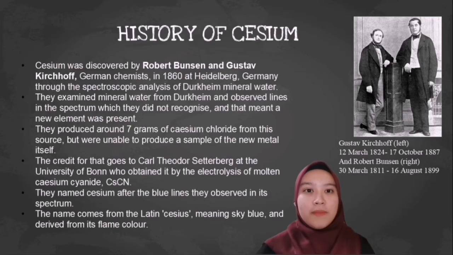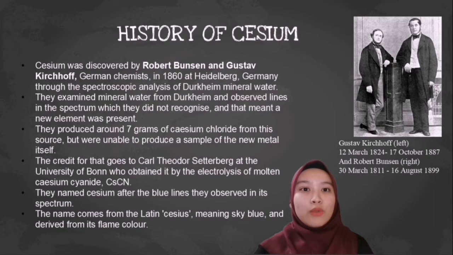Okay, next is cesium. Cesium was also discovered by Robert Bunsen and Gustav Kirchhoff. In 1860, at Heidelberg, Germany, through spectroscopic analysis of Durkheim mineral water, they observed a line in the spectrum which they did not recognize, and that meant a new element was present.